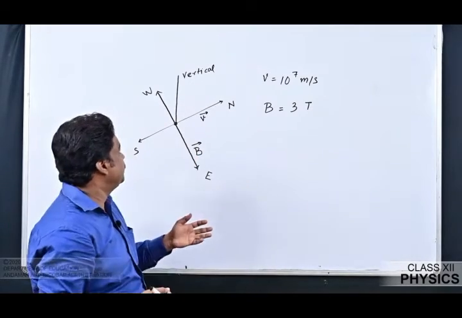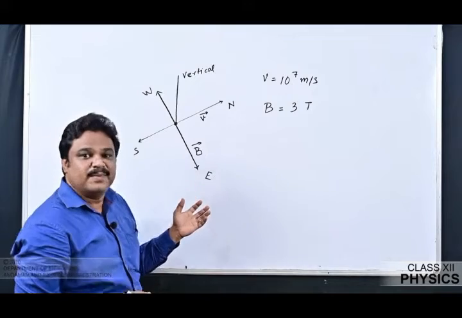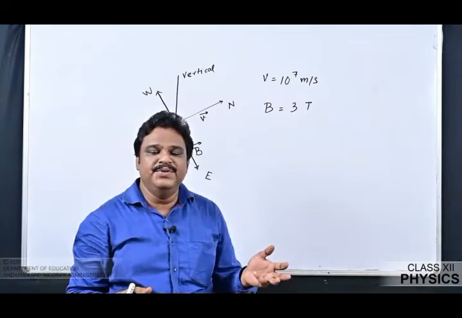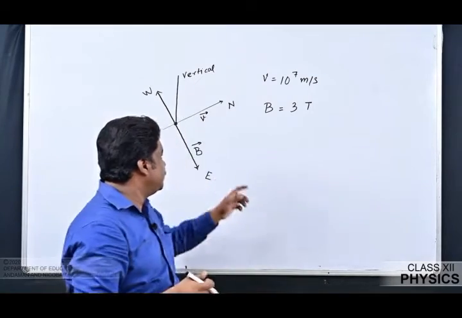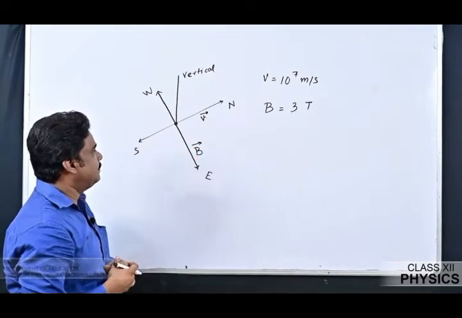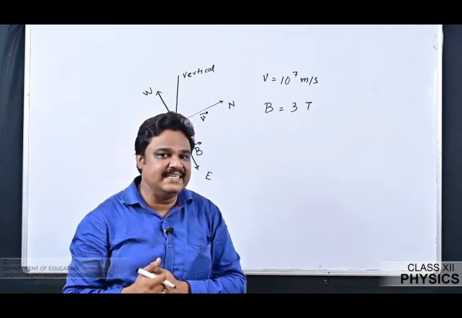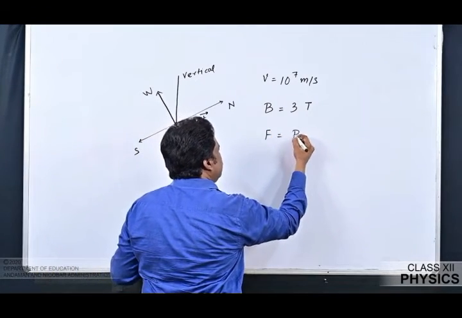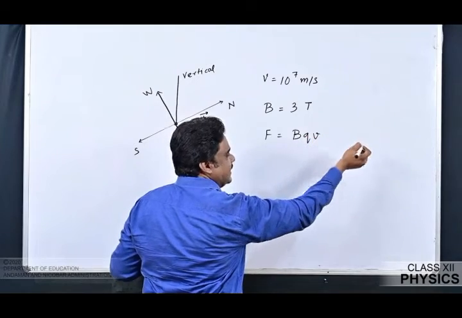Obviously, if a charge is moving in a magnetic field, it experiences a magnetic Lorentz force. So F = BQV sin θ, and since the velocity and magnetic field are perpendicular, the angle is 90 degrees. Magnitude-wise, I can write F = BQV, since sin 90 is 1.